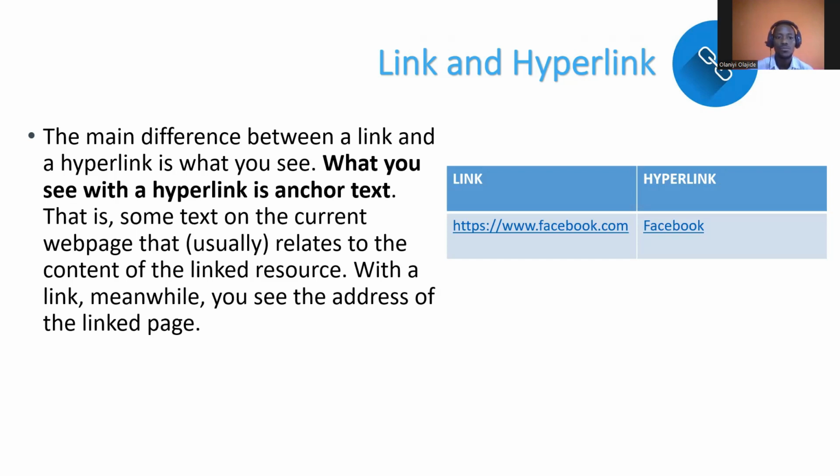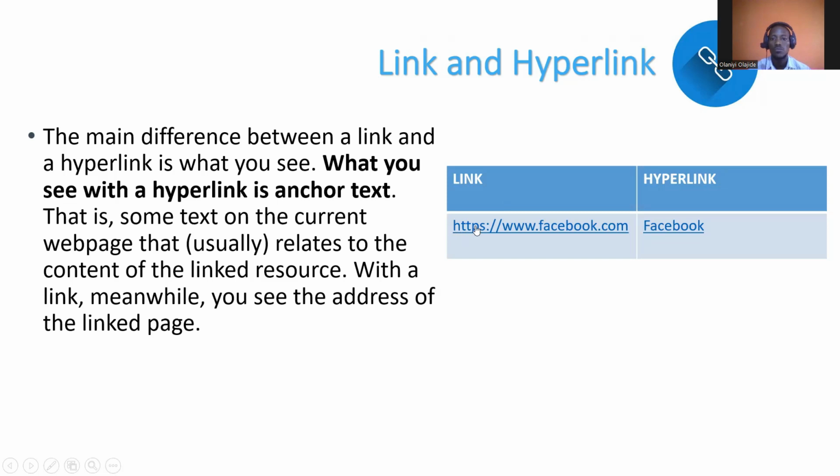For example, you can see this Facebook here. This is an anchor text, and it carries a hyperlink. As you can see, it's showing the hyperlink, which is www.facebook.com, right? Meanwhile, a link shows you the address of the linked page. You can see what the link is.